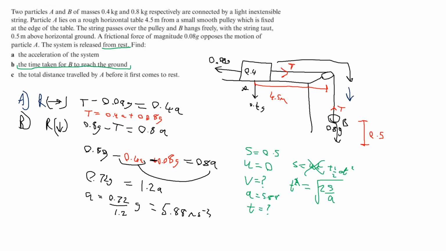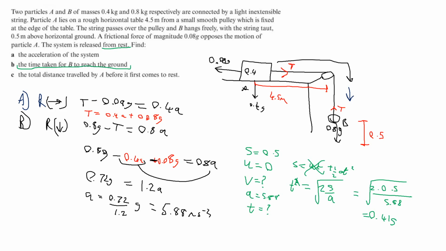And if we plug that into our calculators, 2 times 0.5 over 5.88, we should get an answer of 0.41 seconds. Okay?